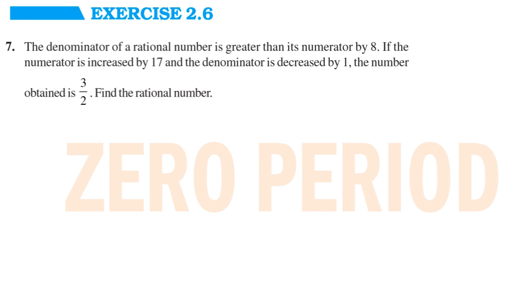Okay. This is the question. So let us start this question first. We have to assume numerator first, because it is given that the denominator of rational number is greater than its numerator by 8. So we can easily assume our numerator.